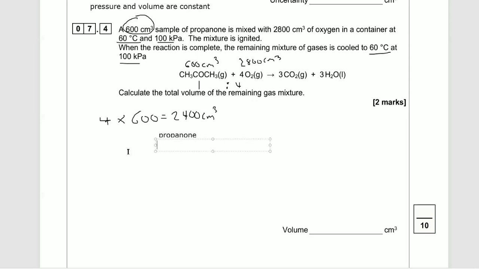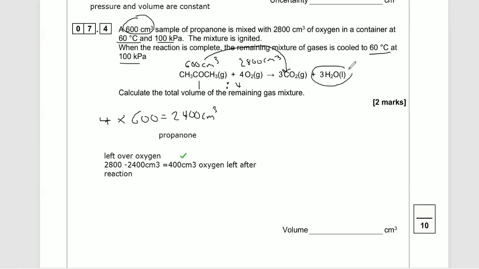So it means I'm going to need 2,400 centimeter cubed of oxygen to react with that 600 centimeter cubed of propanone. So the leftover oxygen is going to be 2,800 minus 2,400 centimeter cubed, which is the amount of oxygen that reacts fully with the propanone and uses all the 600 propanone up. And it means I'm left with 400 centimeter cubed of oxygen left over.